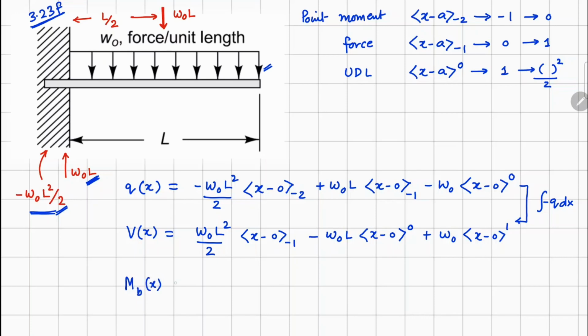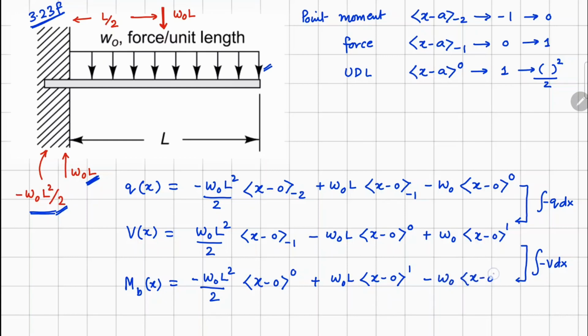Similarly, if you integrate this one more time with the negative sign, we can get the bending moment. So we have x minus 0 to the power minus 1 becomes 0 here, plus W naught L x minus 0 to the power 1, minus W naught x minus 0, this 1 will become power 2 divided by 2.